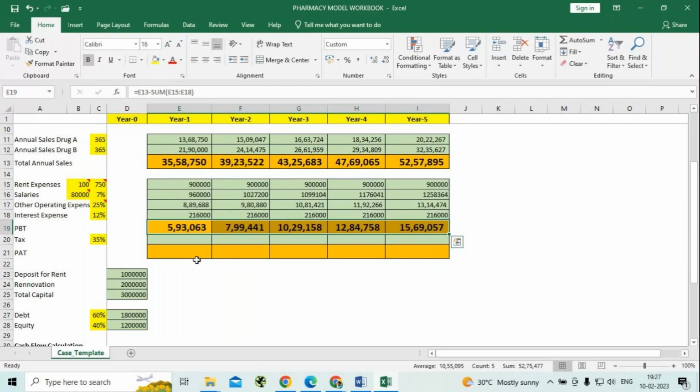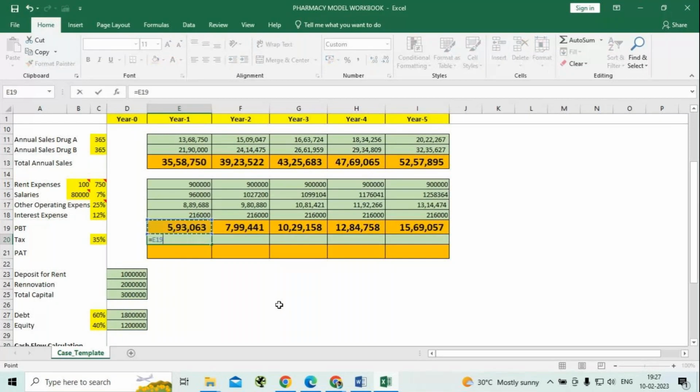The next thing is the tax to be paid on the profit before tax, 35%, which is fixed.